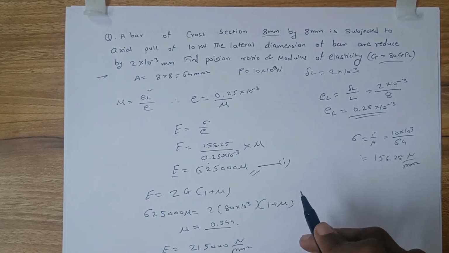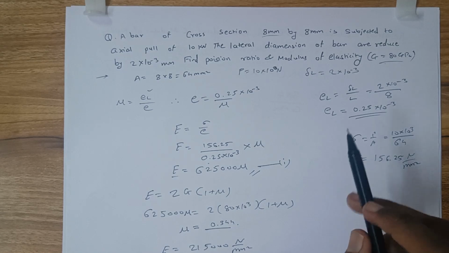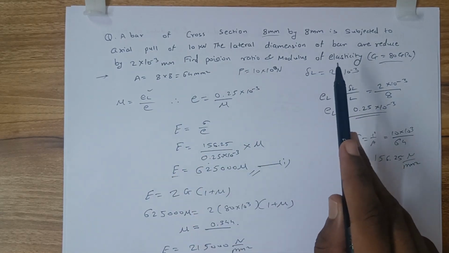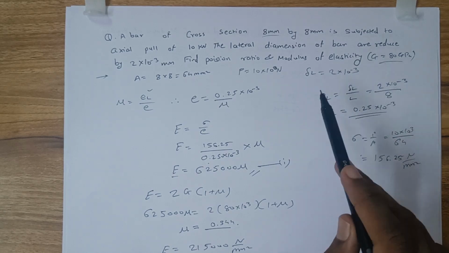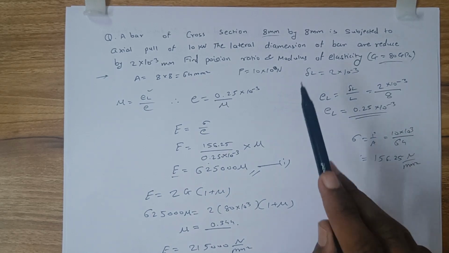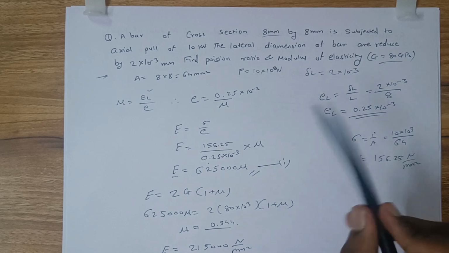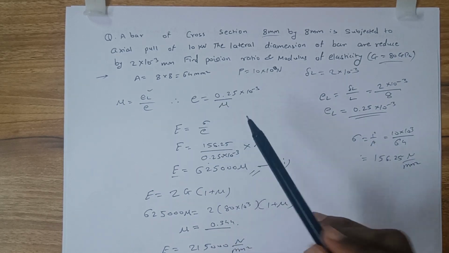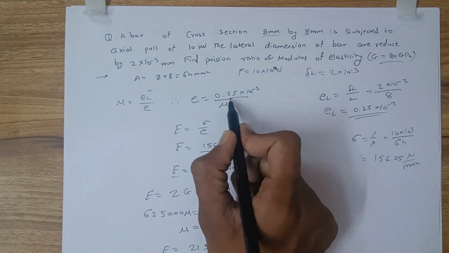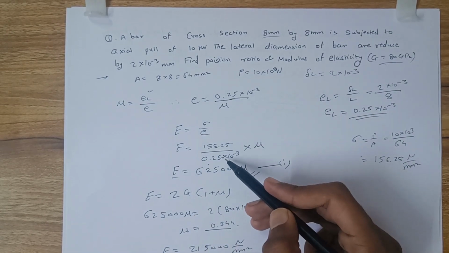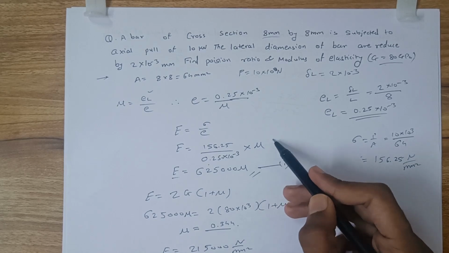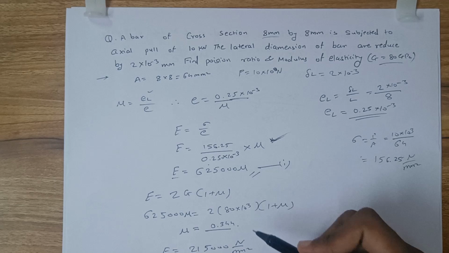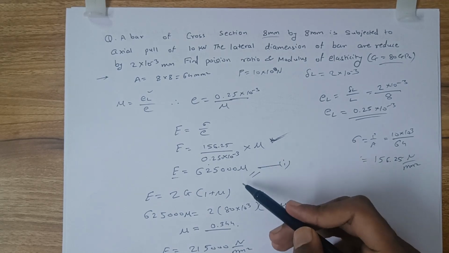Firstly, identify what the problem is asking about, and what is given. Here the lateral dimension change is given, so we calculate the lateral strain, and the normal strain is not calculated, so the lateral strain is calculated and put into the Young's modulus form. We take the whole Young's modulus equation in the form of mu.